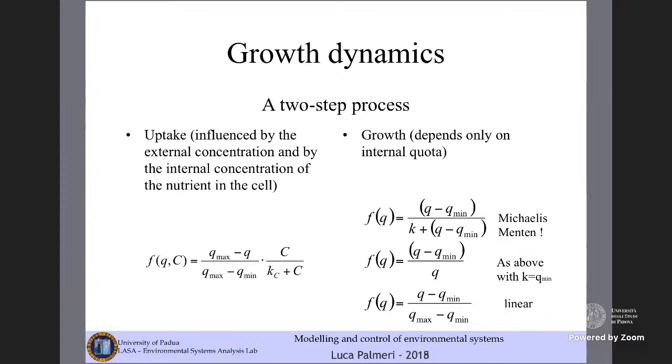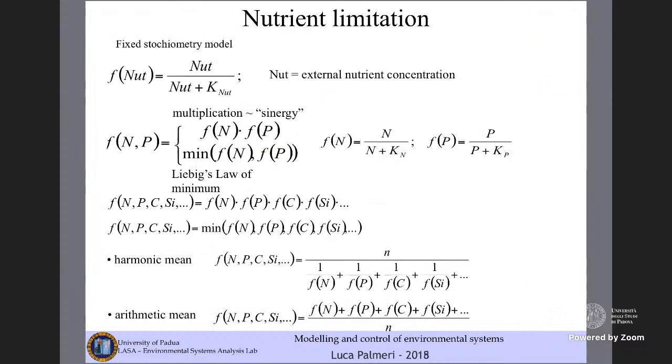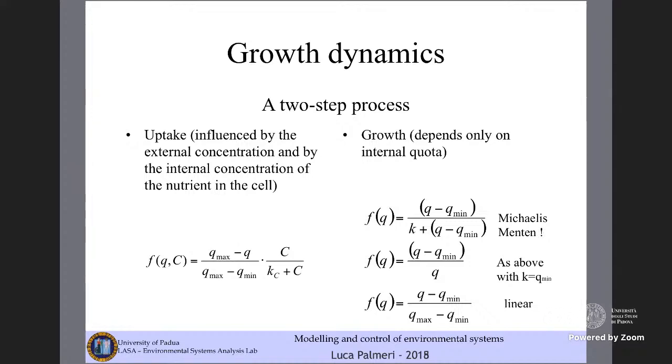What we are trying to describe when we introduce the two-step growth dynamic is the fact that when there is a lot of nutrients, algae tend to store a quantity of nutrients in the internal part of their cell.